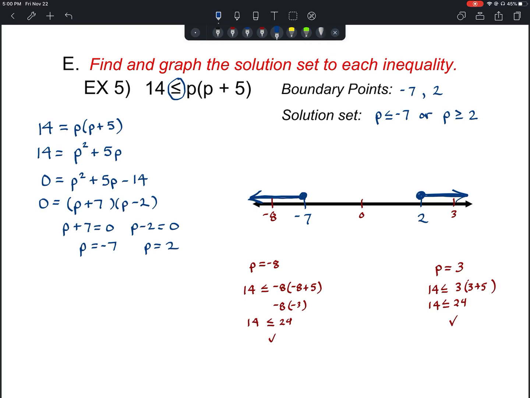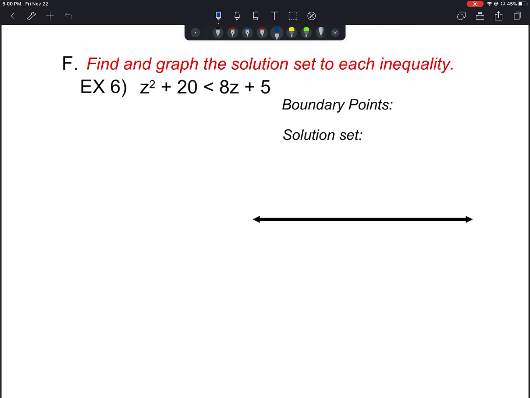All right, one more here, just for practice. Let's look at F. z squared plus 20 is less than 8z plus 5. We'll set it equal to itself here first, so we can solve it as an equation. Since we have z squareds and z's, I'm going to get everything on the same side.